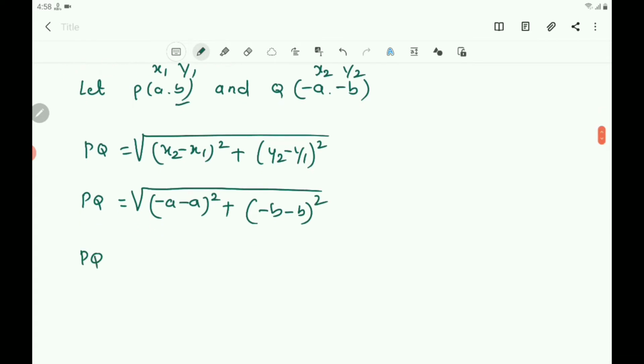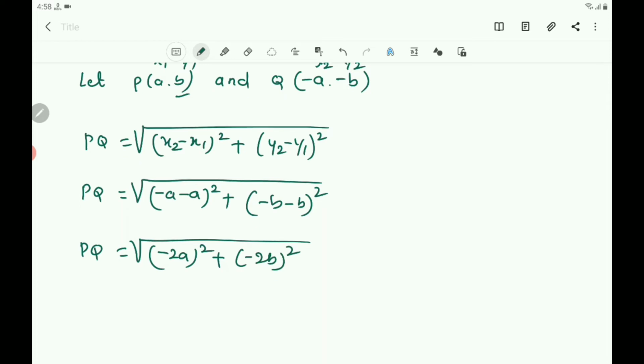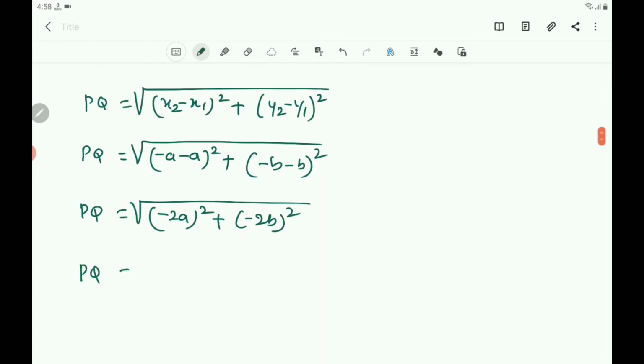Then PQ equals whole root of minus a minus a is minus 2a, whole square, plus minus b minus b is minus 2b, whole square. Then PQ equals whole root of minus 2a whole square is 4a square, plus minus 2b whole square is 4b square. So the distance between the points P and Q is whole root 4a square plus 4b square.